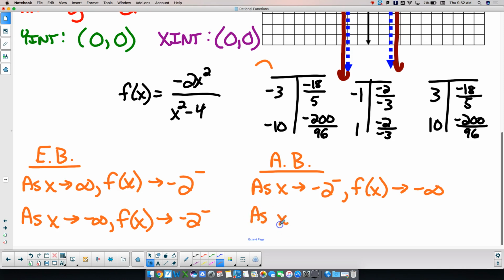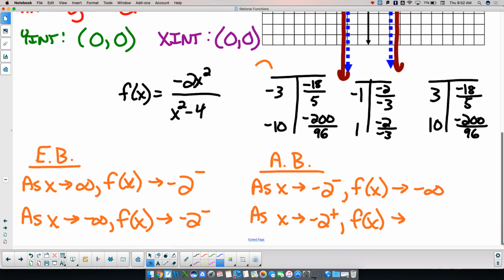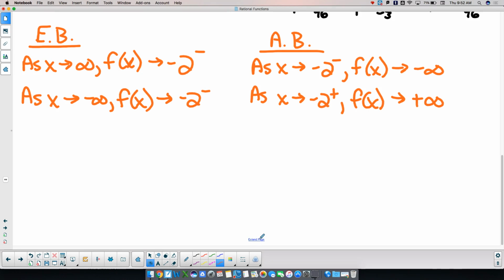As x is approaching negative 2 from the right, my function is going up, so that's going to positive infinity. As x is approaching 2 from the left, my function is going up. I got a parabola in that middle section.